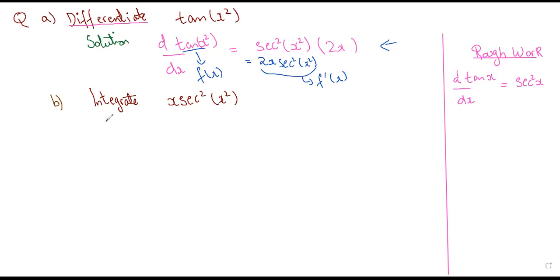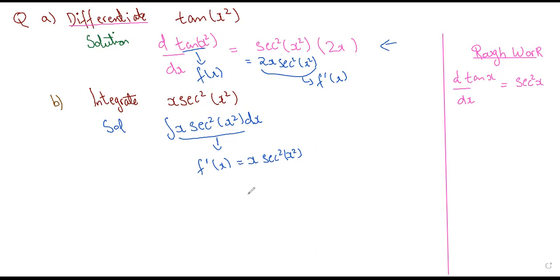Now you have been asked to integrate this. Okay. Now you need to integrate this and you have to think of this as a derivative, right? Yes. Now, if this is the derivative function, like this one, we had tan x square.